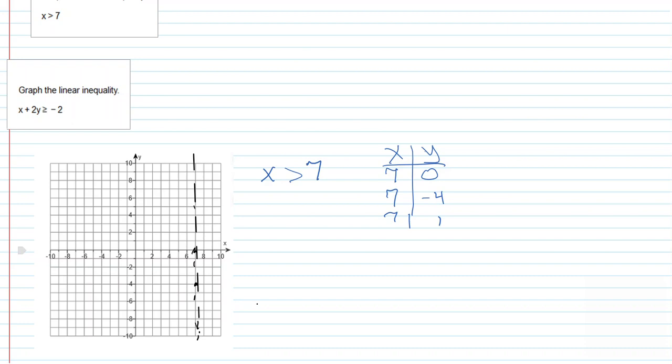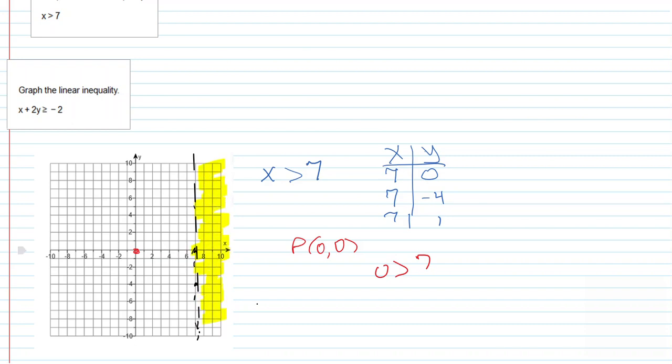All right, and now I'm going to do my test point. And again, I'm going to use 0, 0. Okay, so if x is 0, is it greater than 7? No. Therefore, we're shading everything to the right of it.